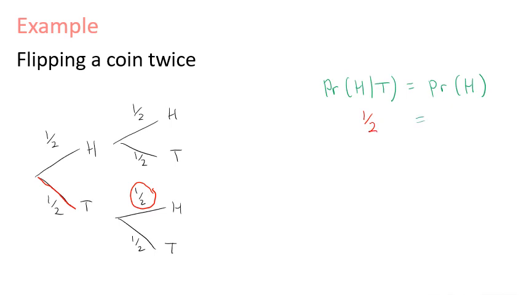Versus if we look at the probability of getting an H just by itself here, it is 1 out of 2. Therefore, because they are equal, this means that the events are independent. So the outcome of one doesn't affect the outcome of the other.